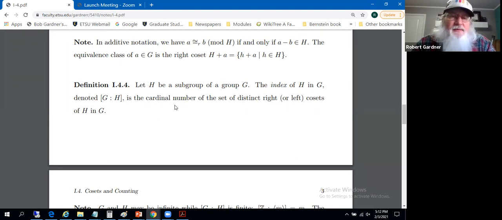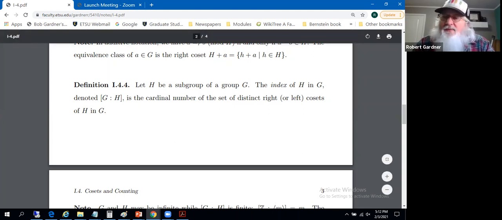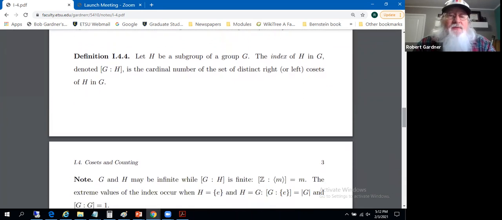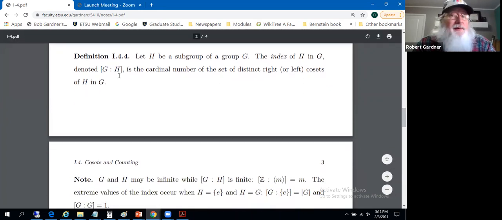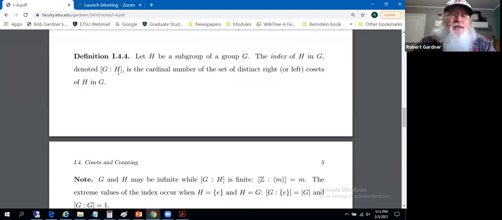Cardinal number is the right thing to use. It's like we're counting something. You don't want to imply that it's finite or countable even necessarily. So that's a poor choice of words, but I am looking for some informal understanding here. So index involves the cardinal number of the cosets of H in G.